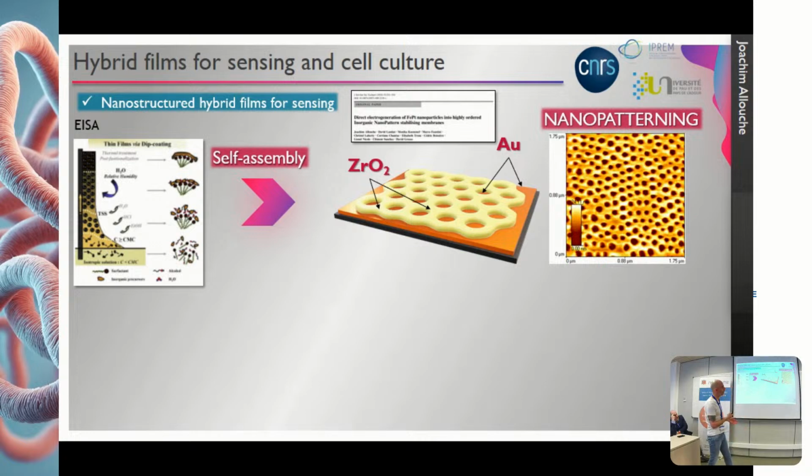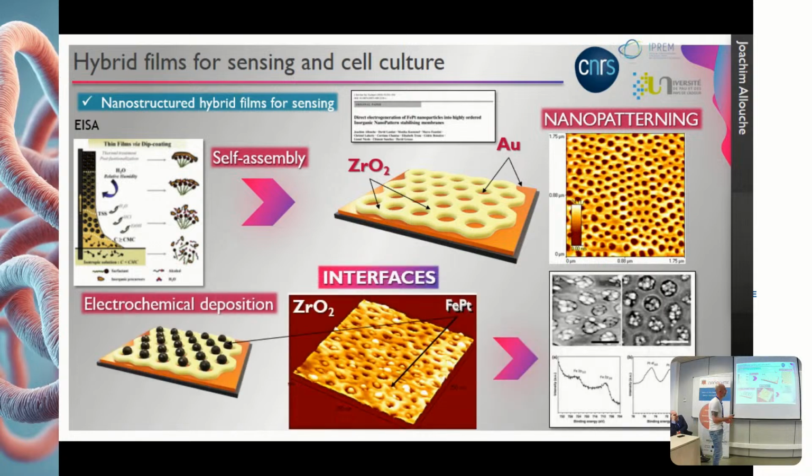These nanopatterned films can be used as sensors, for example, because you can grow particles inside the holes. Here you have an example of iron platinum particles, and typically these membranes can be used as nanosensors for different types of organic matter.